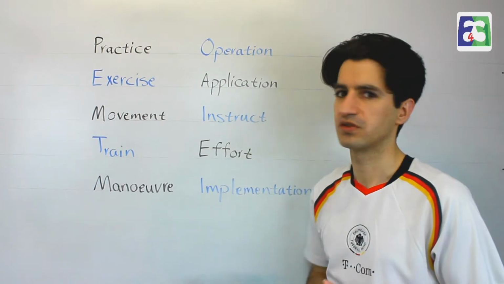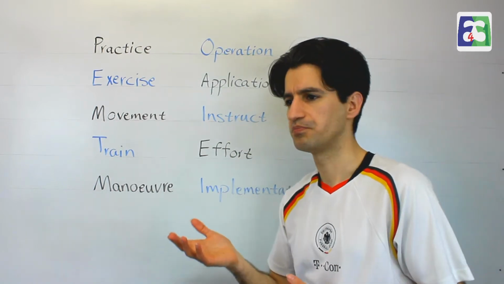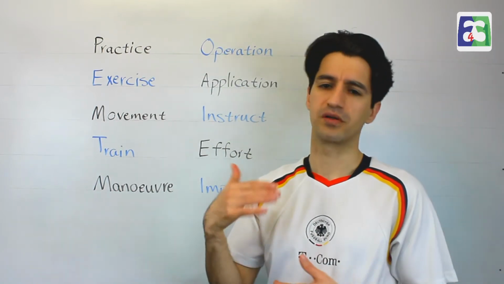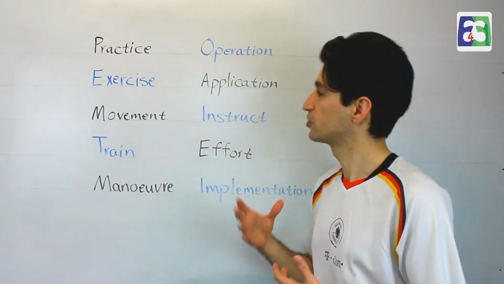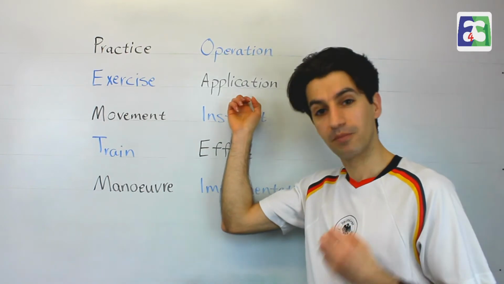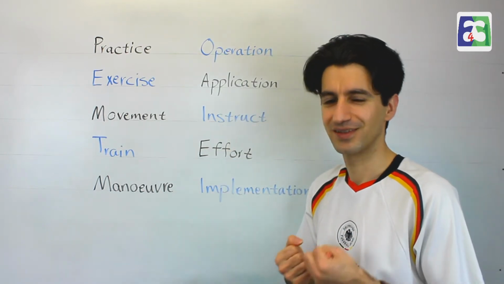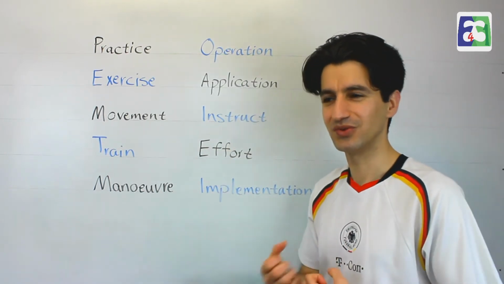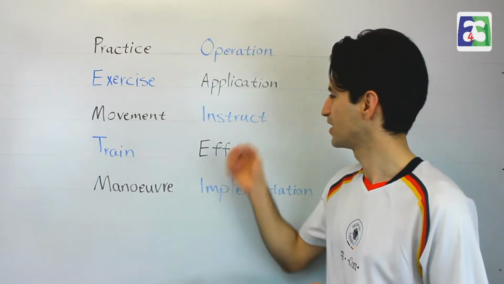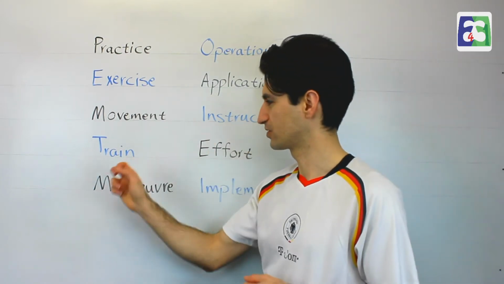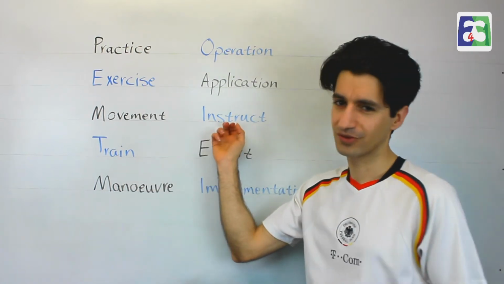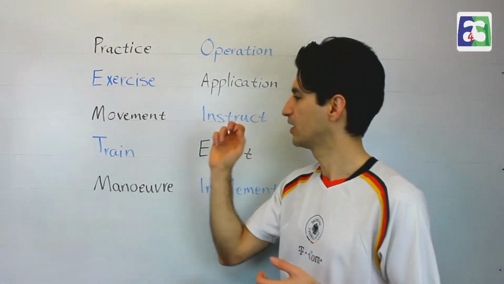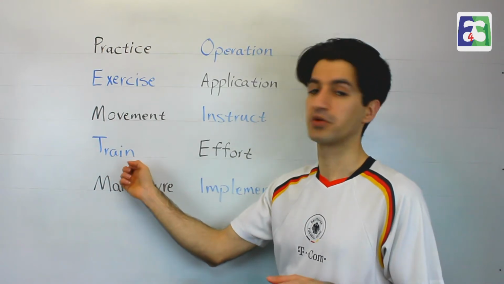Or for example, when we want to change a negative sentence into a positive, or an affirmative one into a question, then there are some rules to apply, meaning to take into action, to use them. All right, instruct is what the instructor or the teacher or the trainer does to train the person.